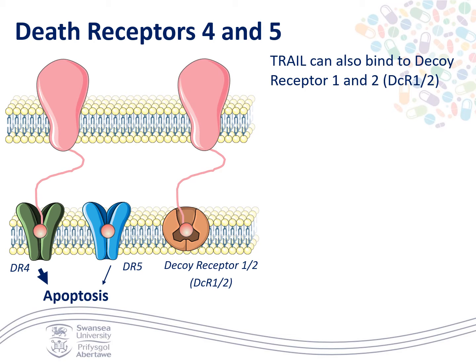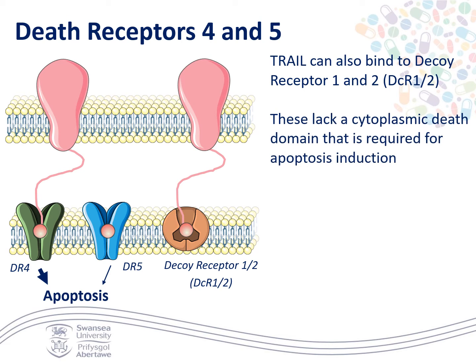The picture is not as clear as we would like, however, due to the occurrence of what we call decoy receptors, or DCRs 1 and 2. TRAIL can bind to these decoy receptors, but they lack the cytoplasmic death domain, which is required for apoptosis induction. Essentially, they act as a dead end.